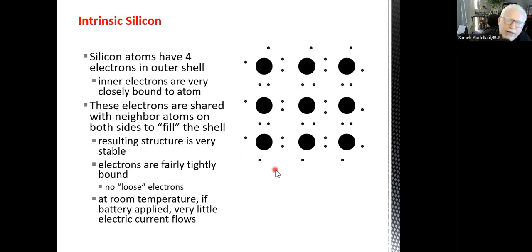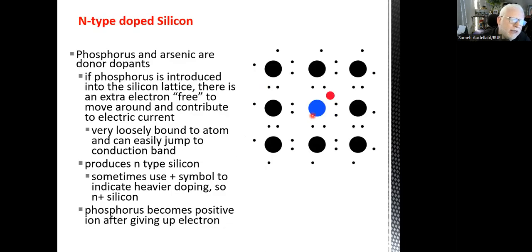Here we have two cases. The first case is to add a fifth group material. When I mention fifth group material, that means that the number of electrons of this new material is 5 electrons in the outermost energy level.